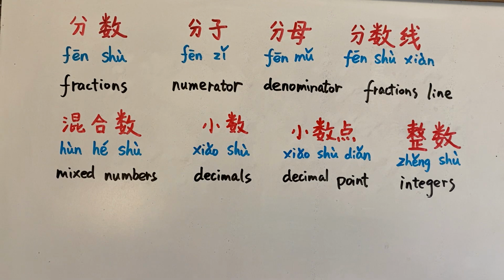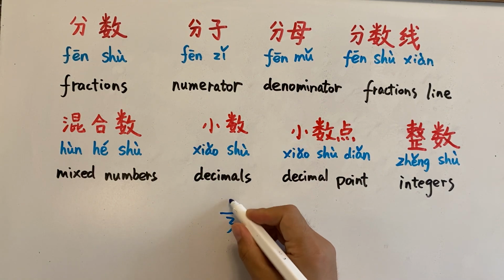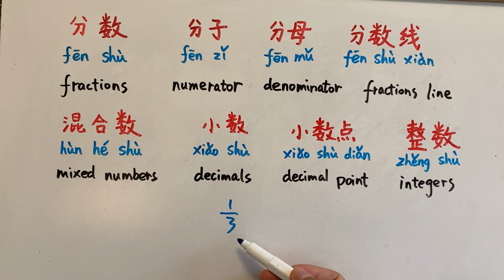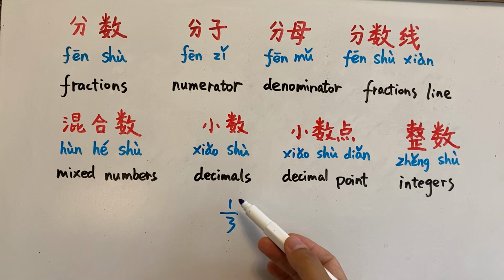For example, 1/3. In English, we say the numerator first and then the denominator. But in Chinese, we do it the opposite way. We say the denominator first and then the numerator.